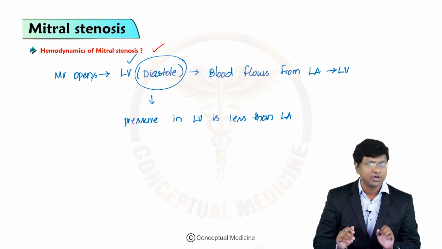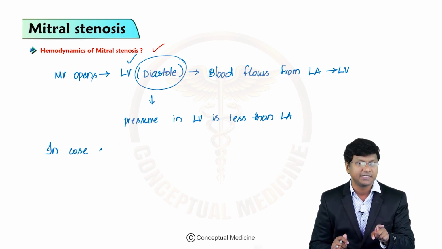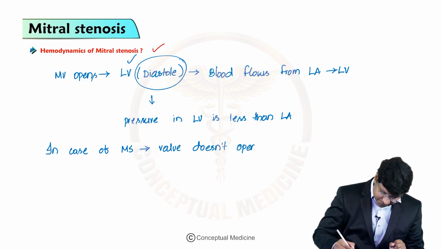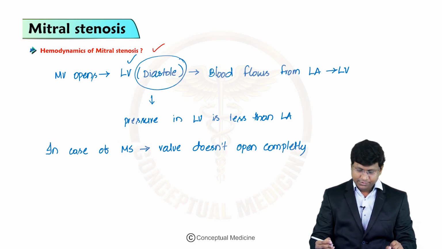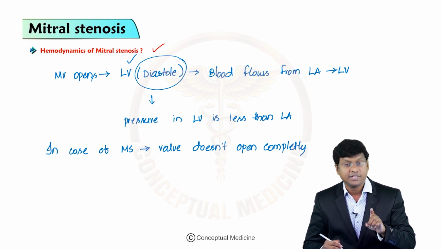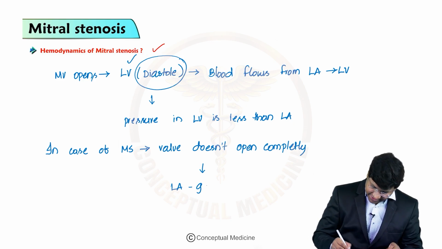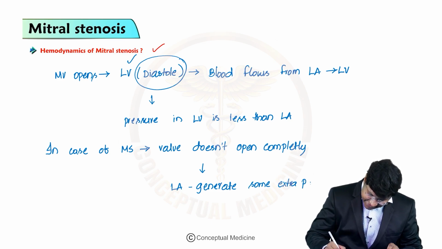See, whatever I have explained to you is the normal event, normal physiology in a normal individual. But in case of mitral stenosis, the valve does not open completely. So the left atrium has to generate some extra pressure to push the blood through the stenosed mitral valve.